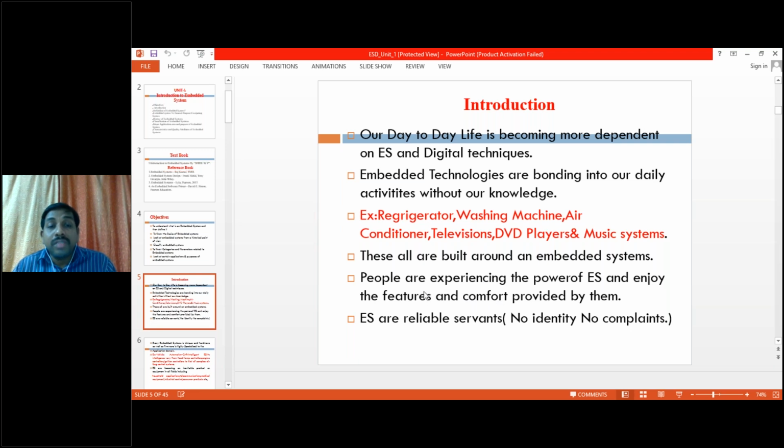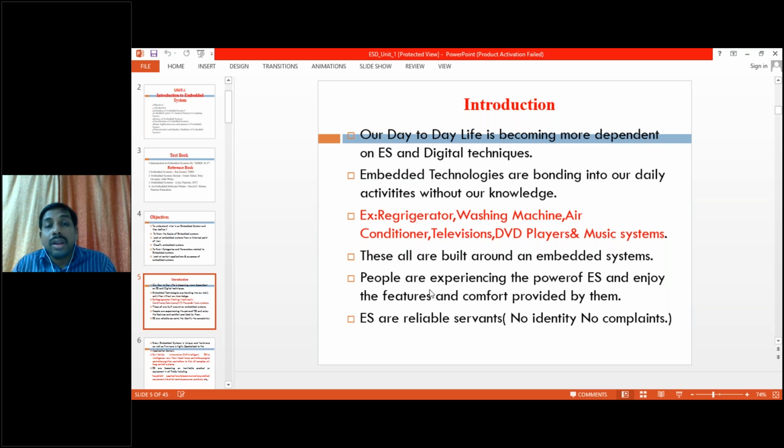Because of these features, there is large competition between the different vendors for these washing machines. So the user will see which embedded system he has to purchase, which washing machine he has to purchase. That is decided by the features provided by the washing machine, the refrigerator, the air conditioner, televisions.